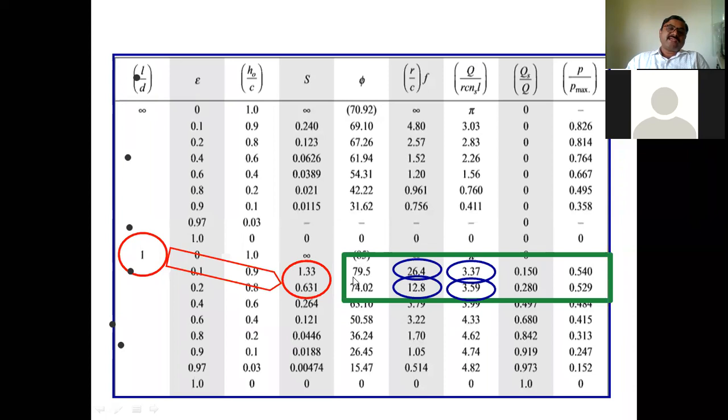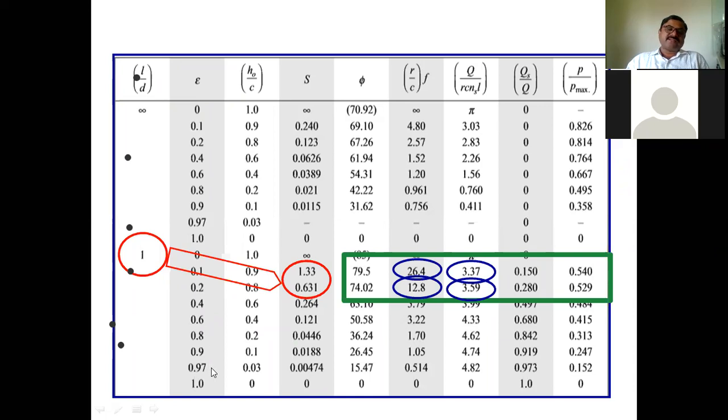Again, one important thing you will find from the Raimondi and Boyd chart is that the eccentricity ratio is in between 0.1 and 0.2. That means the bearing operates at a very low load condition, since the eccentricity is very small. In the earlier session I told you the eccentricity should be greater than 0.3 and less than 0.65.